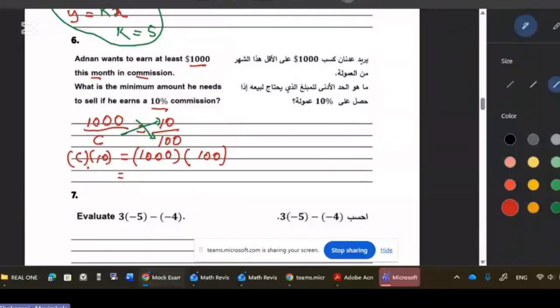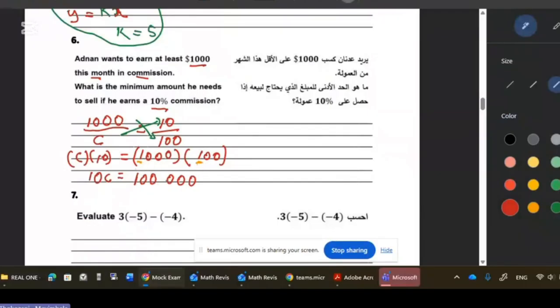So 10 times C will give you 10C. And again, I'm going to deal with the numbers only. Here we have 1 and we have 1. So I'm just going to say 1 multiplied by 1. We all know that the answer should be 1. Then I'm going to count the zeros. We have 1, 2, 3, 4, 5. I'm going to write my zeros there. So now I have 100,000 there.